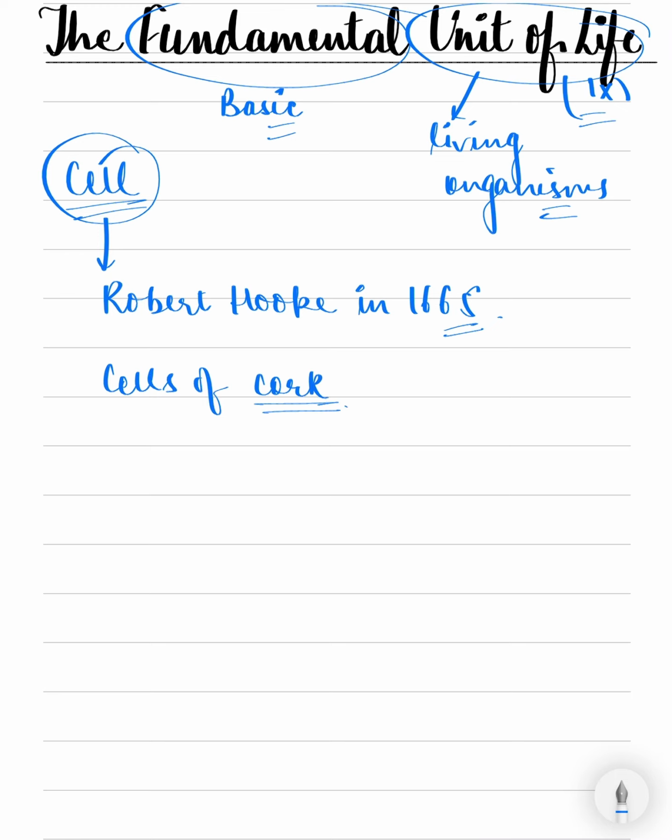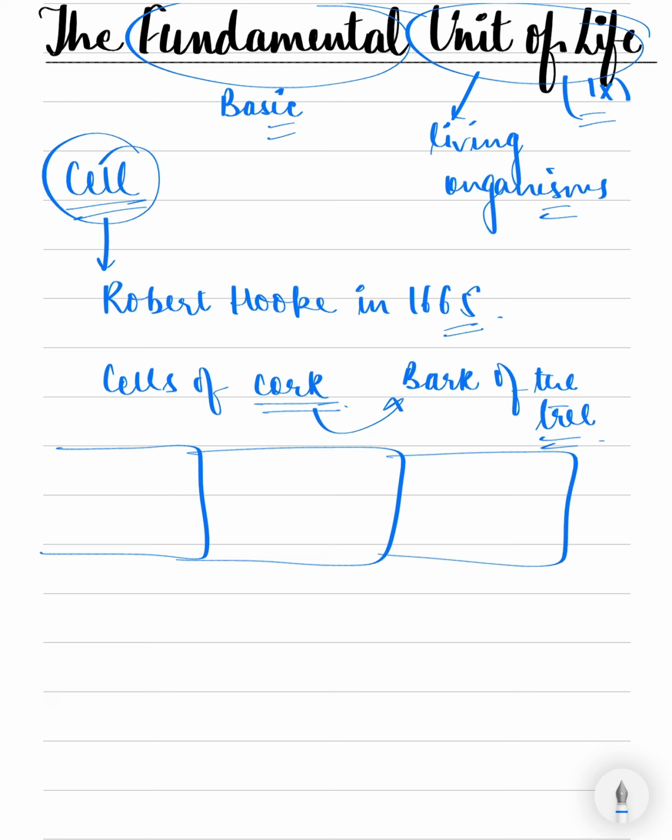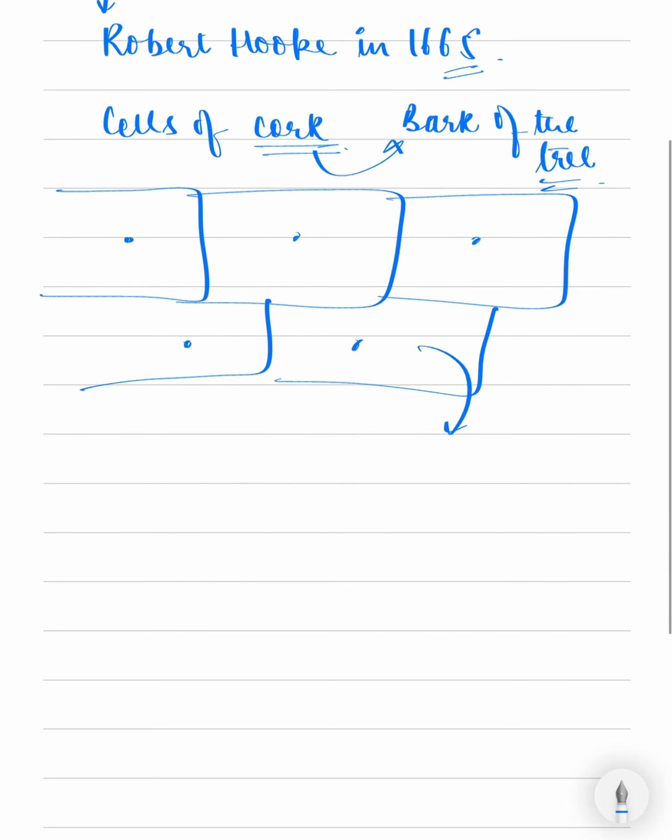Cork is a substance which comes out of the bark of the tree. He observed that there are small, little compartment-like structures. He called these small rooms cells.